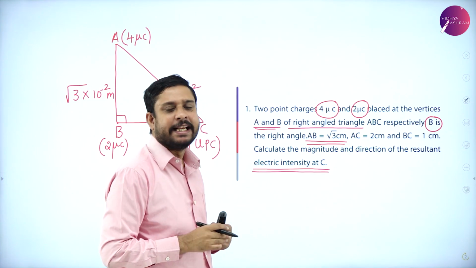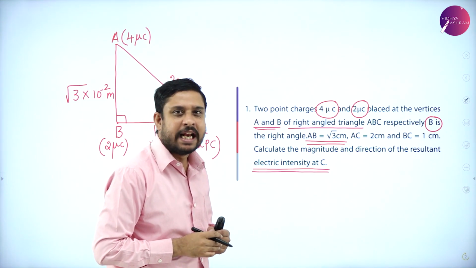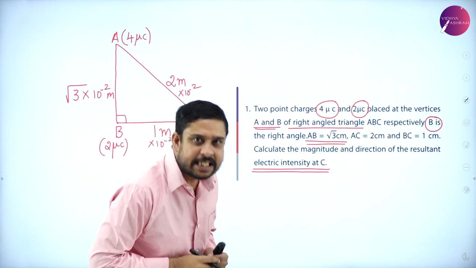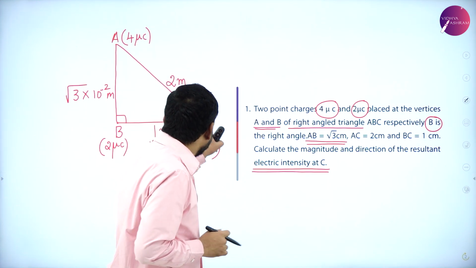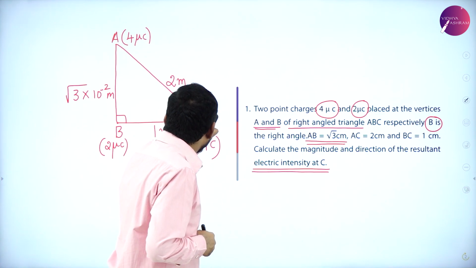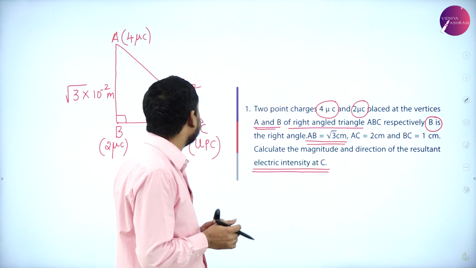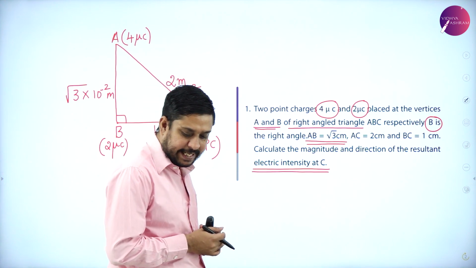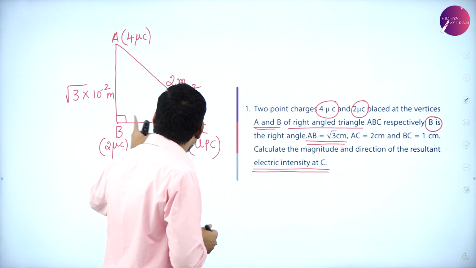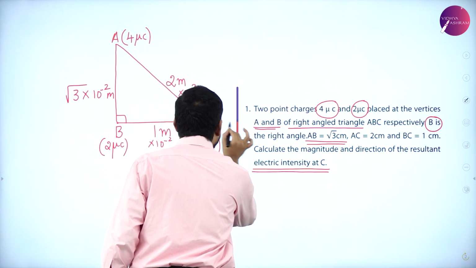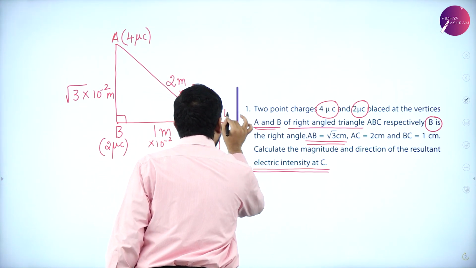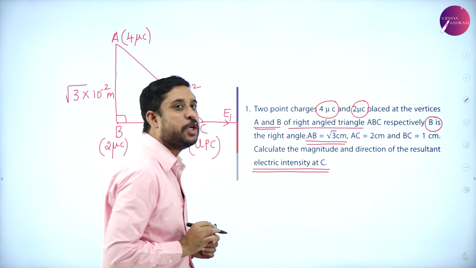As we did earlier, how will I find the intensity? First, I will find the intensity at C due to the charge at B. I call that E1, and E1 acts away from the UPC.